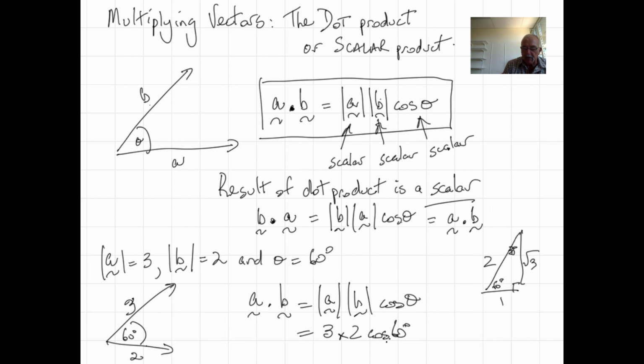So the cos of 60, here's my 60 degrees, cos of that is adjacent over hypotenuse. So that's equal to 3 times 2 is 6, times the cos of 60 times a half, and we get an answer of 6 times a half is equal to 3. So it's just magnitude only. As we said, it's a scalar answer when we do the dot or scalar product.